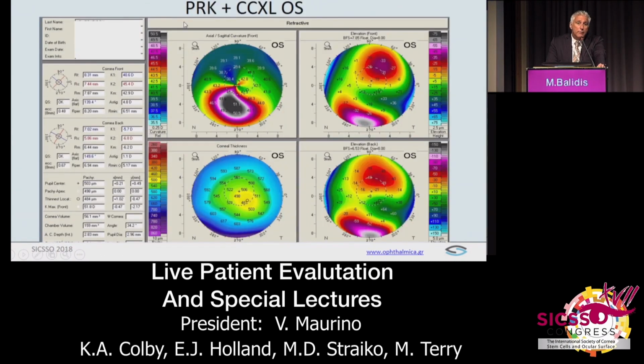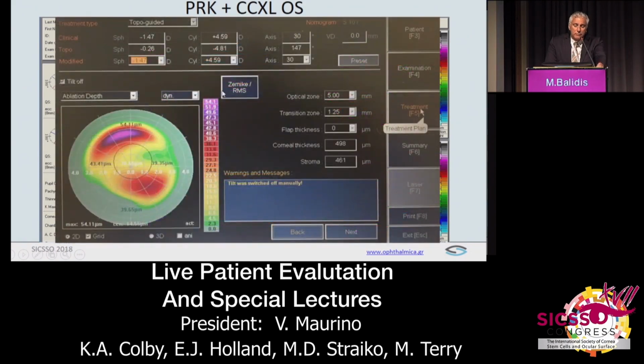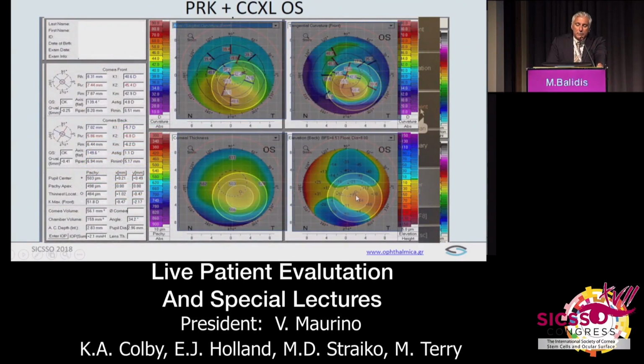or we can combine customized cross-linking with PRK when we want to have an augmented result. In this case, we were centering the area of the high intensity in the posterior surface, in the posterior elevation.